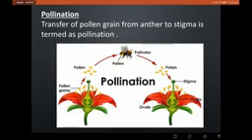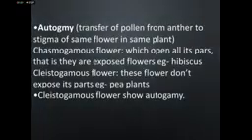That means they are genetically different in the case of cross pollination, while in self pollination the pollination occurs within the same plant. In self pollination there are two categories, autogamy and geitonogamy, and in the case of cross pollination xenogamy occurs.